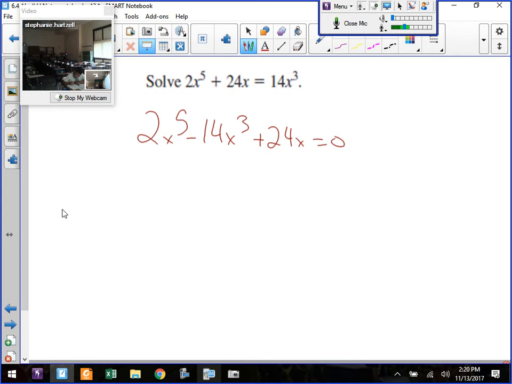Now, what's the first rule of factoring? What do we have? 2x? So we factor out a 2x. I now have x to the 4th minus 7x squared plus 12 is 0.